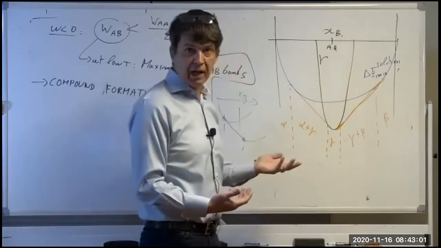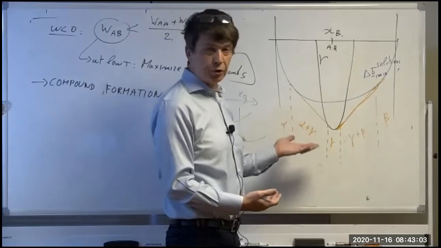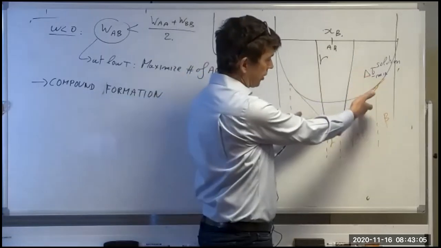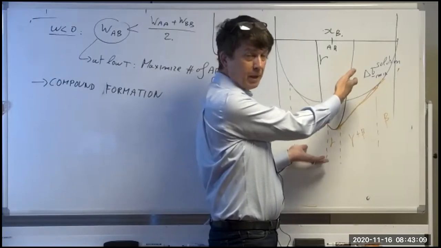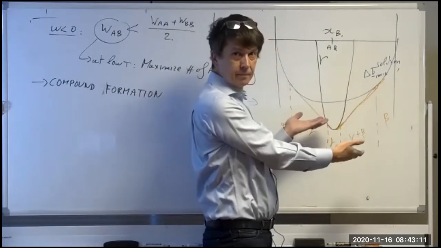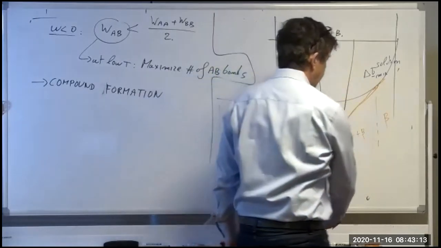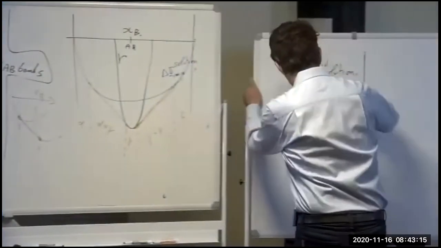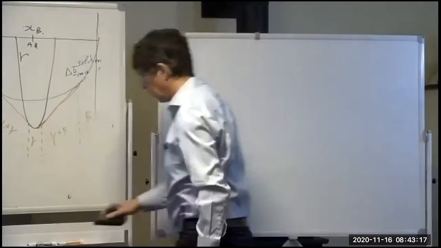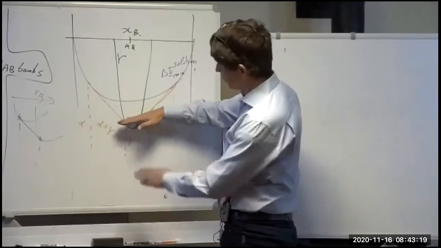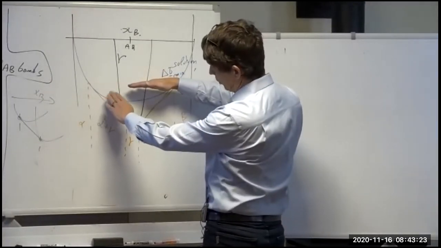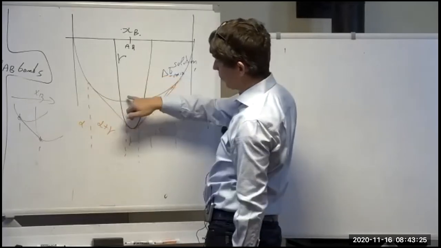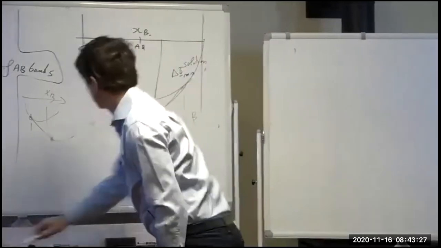So if I go to higher temperature, this blue curve should start coming down, or you could think of the black curve going up. So as the temperature goes up, this black curve will start to move up, or you could think of the blue curve going down, and at some point it will just touch there.